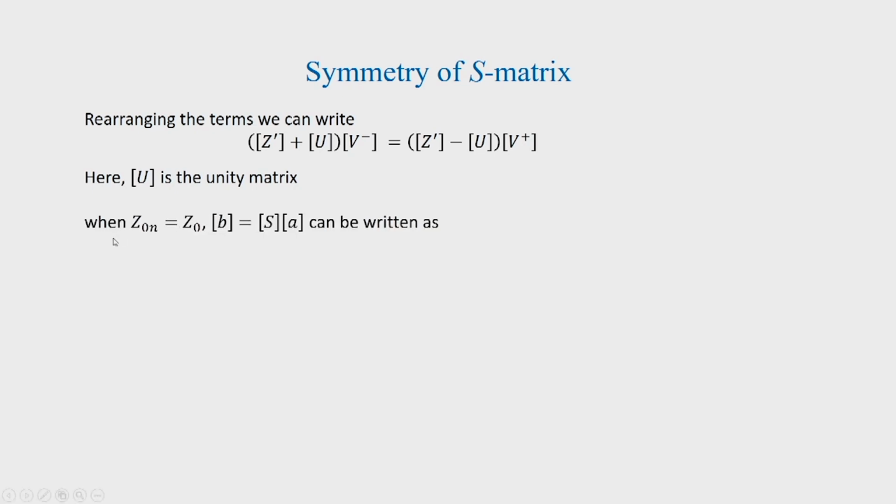Similarly, when all the port impedances are the same, equal to Z naught, the scattering matrix relation B equals S A can be written as V minus equals S V plus.